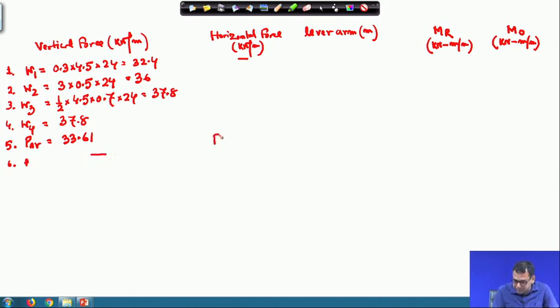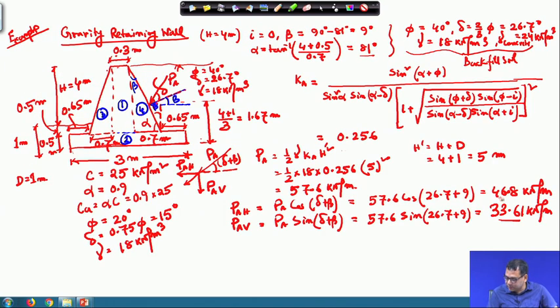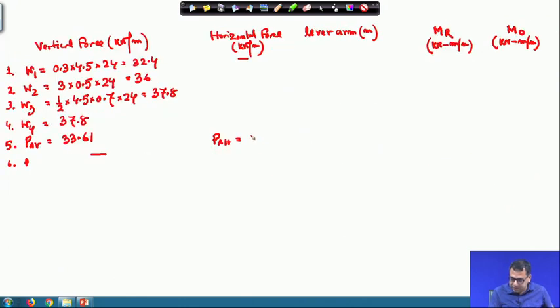So, this will be the PAH, because here the only horizontal force is this one, PAH, that is 46.8, all other forces are vertical forces. Because this is PAV vertical, PAH is the horizontal force. So, I am taking PAH is 46.8. So, now the total summation of all horizontal forces is again 46.8 kilonewton per meter.